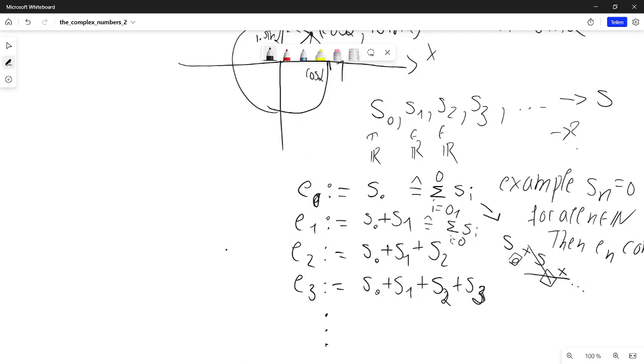Take this term, write it down. Then i increases by 1, and we are already done. We have S1. So in each step, the index increases by 1.